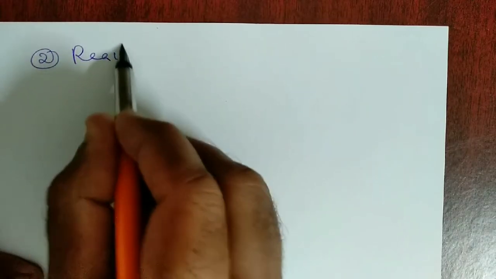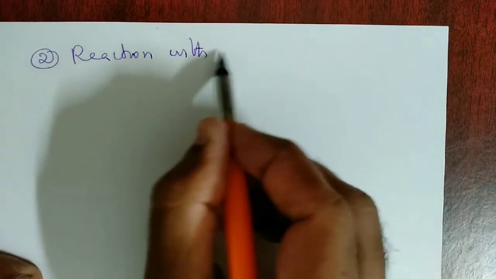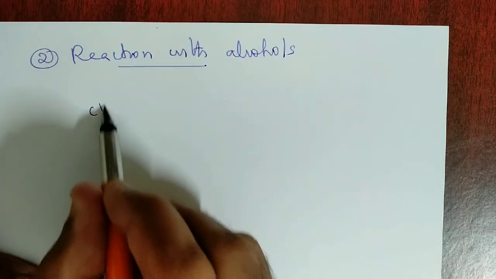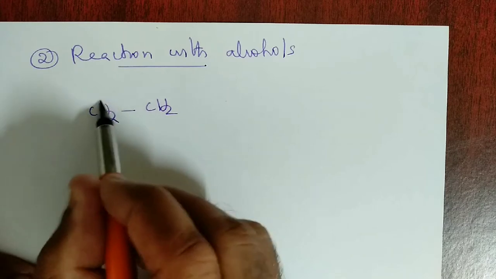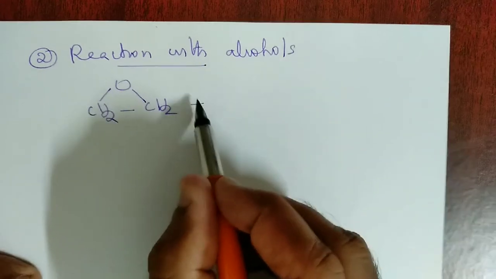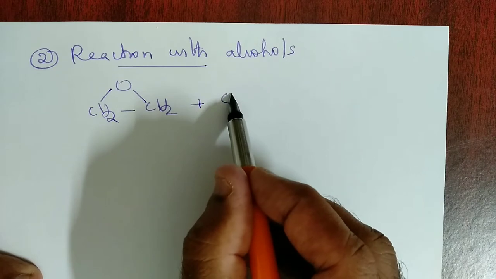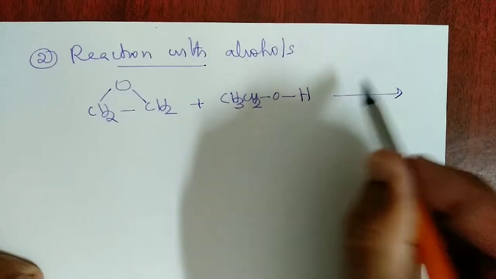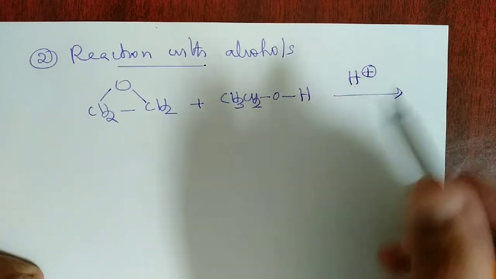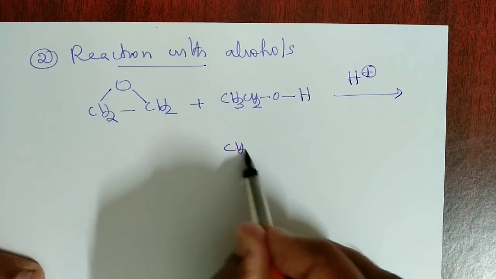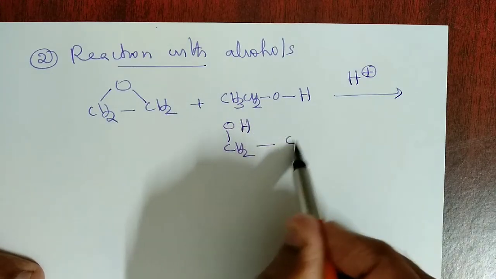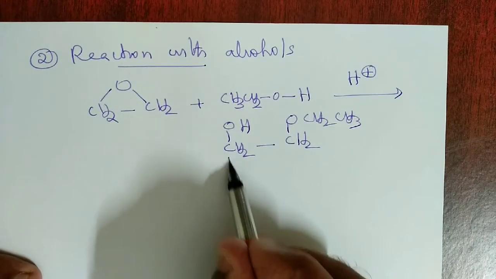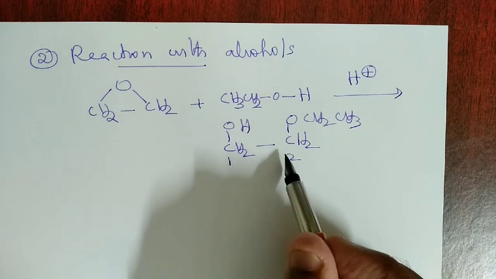Reaction with alcohols. Ethylene epoxide on treating with ethanol in presence of dilute acid, H+ or H3O+, gives CH2OH, CH2OCH2CH3. 2-ethoxyethanol is formed.